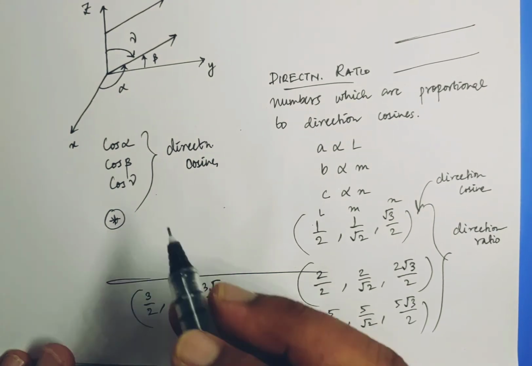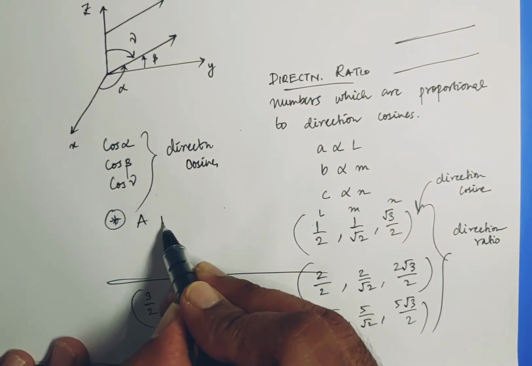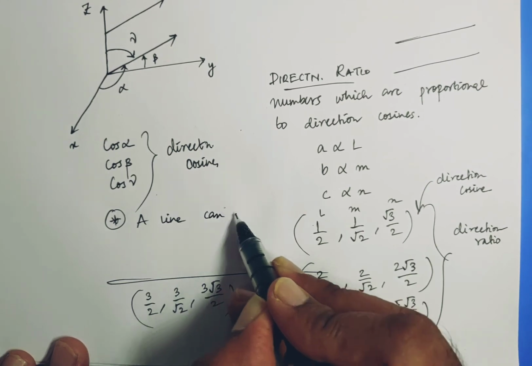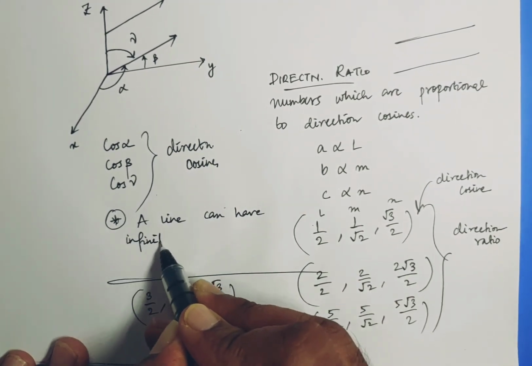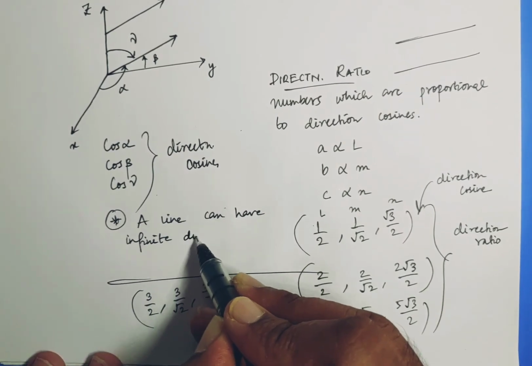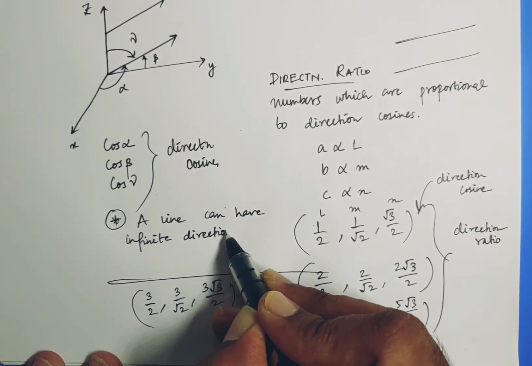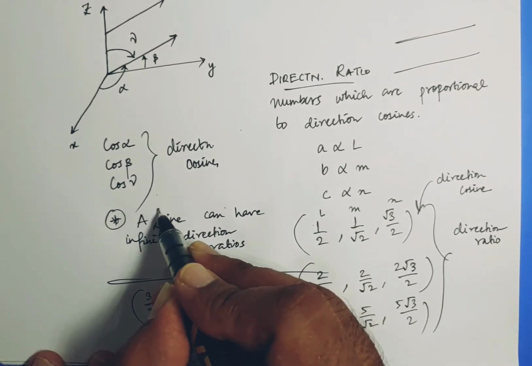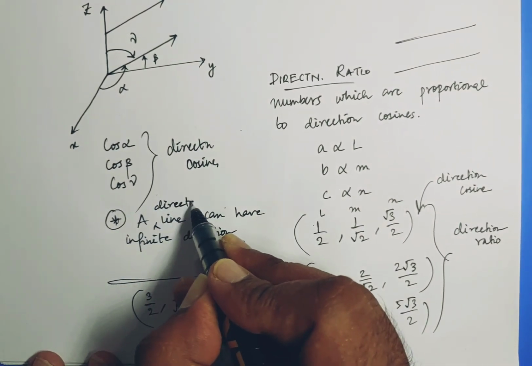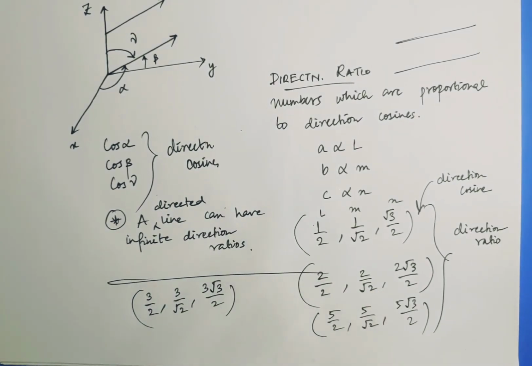The most important thing was that a line can have infinite direction ratios. A directed line, I'm sorry, a directed line. Even a line also can have infinite direction ratios. So a directed line has a unique set of direction cosines but infinite direction ratios. Am I clear? So that's it.